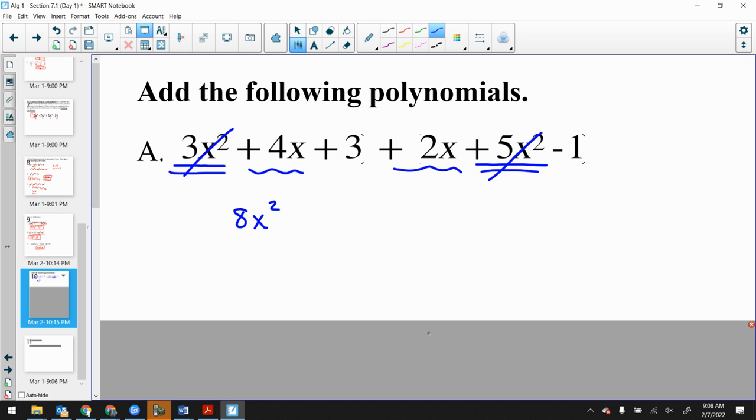Positive 4x, positive 2x. What's that? 6x. And then plus 3 minus 1 is a plus 2. And that's my answer. Degree is 2. Leading coefficient is 8. It's got 3 terms. You can consider this a trinomial if you wanted to.